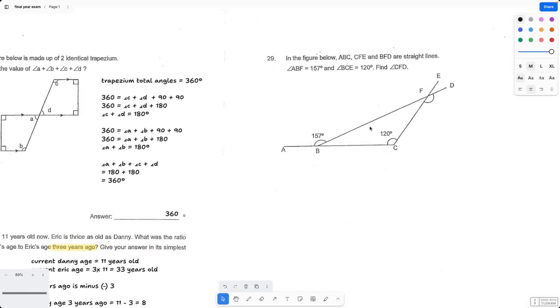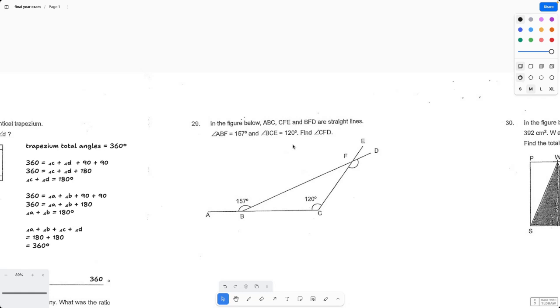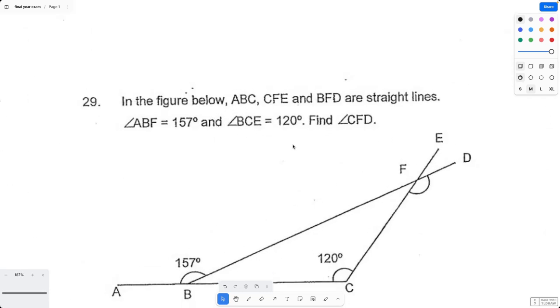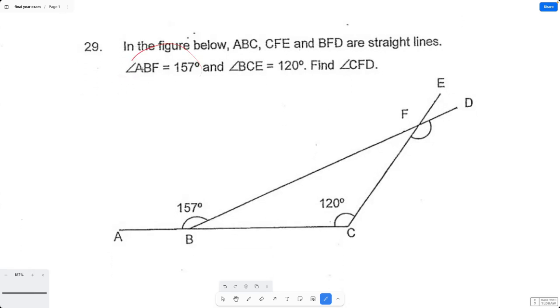Question number 29. Let me zoom this in. The figure below, ABC, CFE, and BFD are straight lines. ABF is equal to 157 degrees and BCE is 120 degrees. Find CFD, which is this over here.